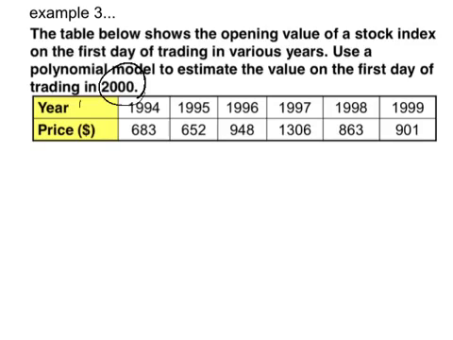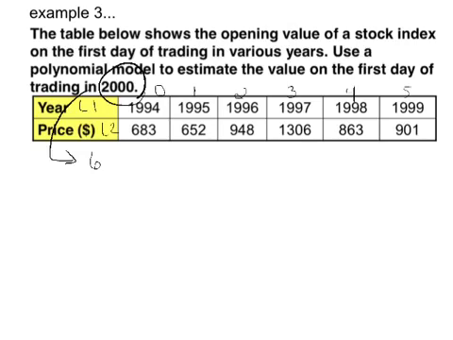And again, we're going to do list 1, list 2, but our year cannot be 1994. We have year 0, 1, 2, 3, 4, 5, and then when we evaluate it for year 2000, we're going to evaluate it for 6.